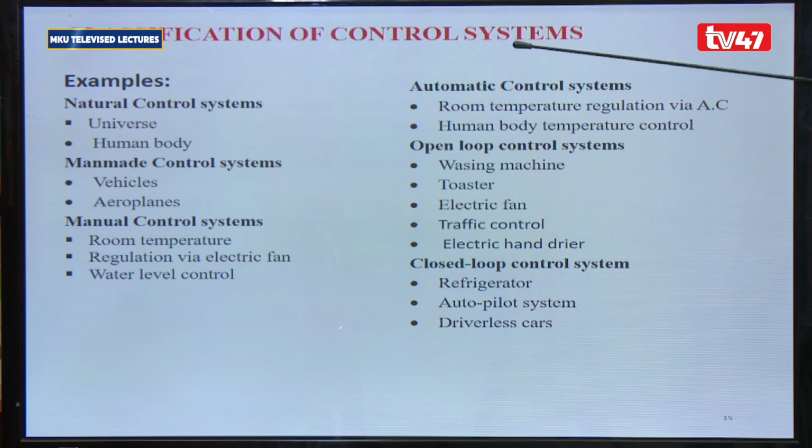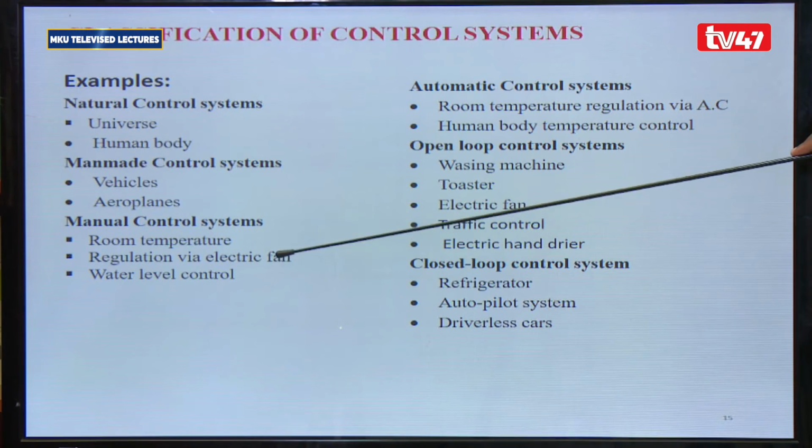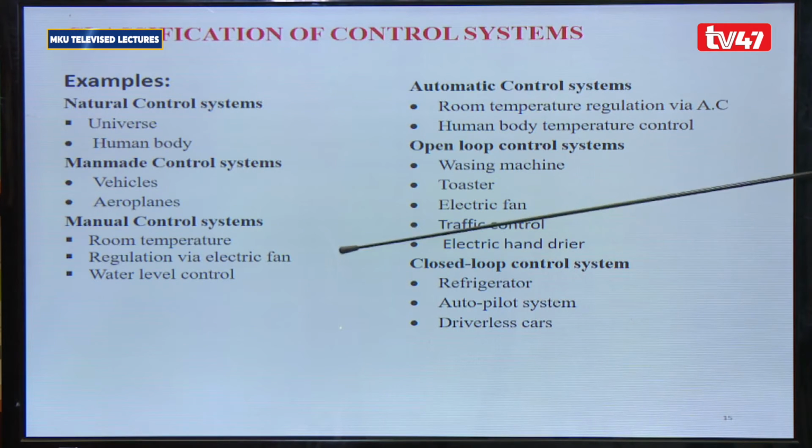Then when you come to the automatic control systems, it can be the same room temperature regulation, but this one is using an AC. The other one is using an electric fan. An electric fan is an example of an open loop, whereby it will not know whether the temperature you need has been achieved. So it will continue pumping air so long as it is on.